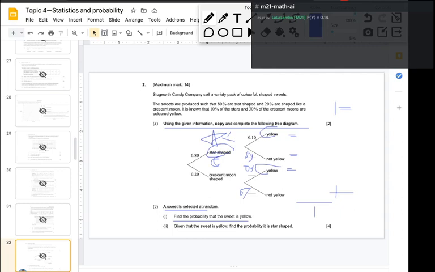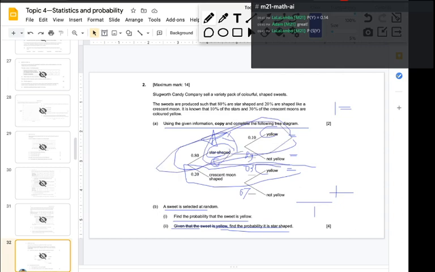Given that the sweet is yellow, find the probability that it is star-shaped. So this is in the condition of yellow. When you have this condition, you want to find when it is star-shaped. If you always get yellow, then what is the chance of getting a star shape when it's yellow?